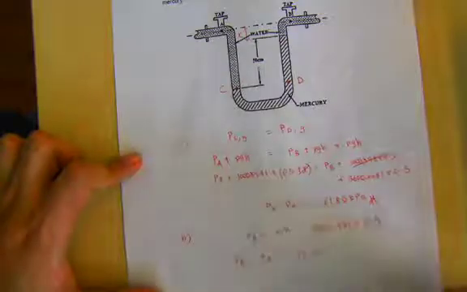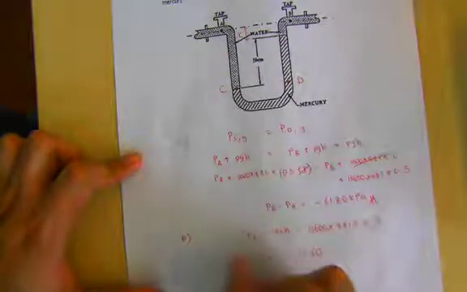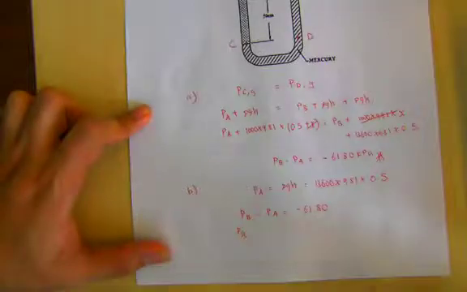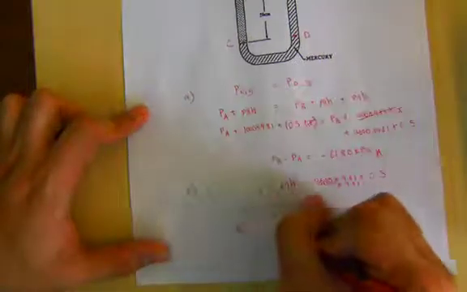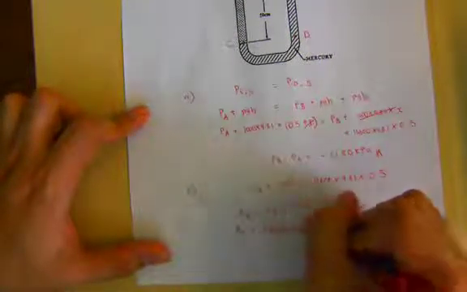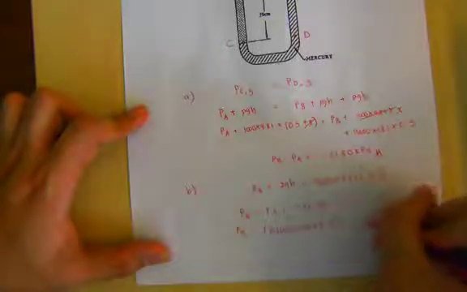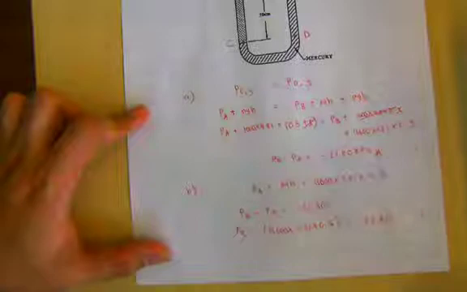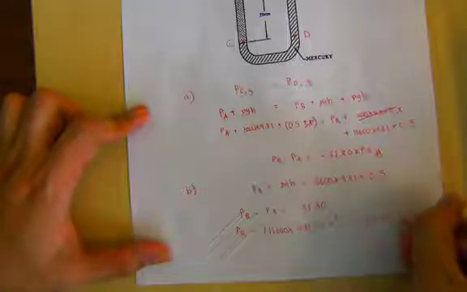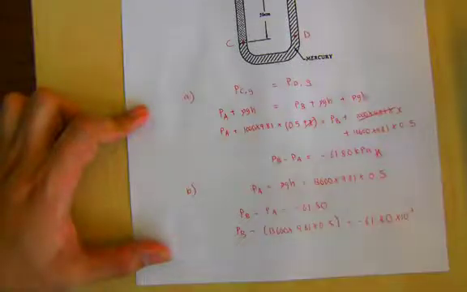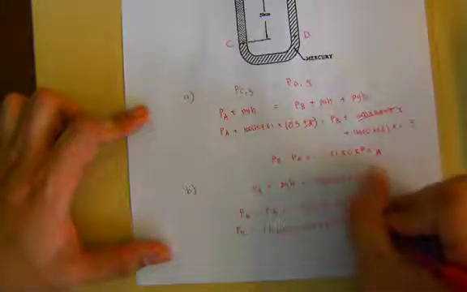So with this PA, I can sub this PA into my PB minus PA equals negative 61.80. So I'll take this value and sub here. PB minus away 13,600 times 9.81 times 0.5, which is equal to negative 61.80.